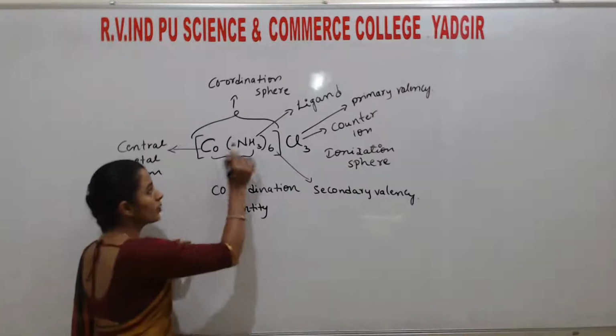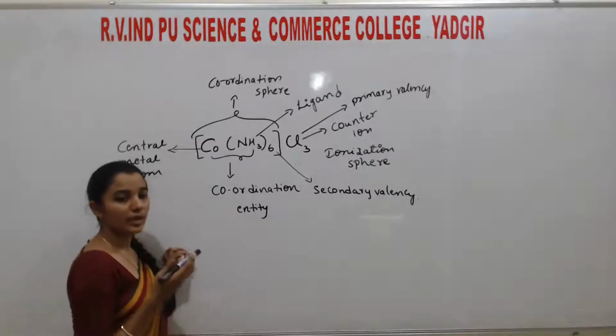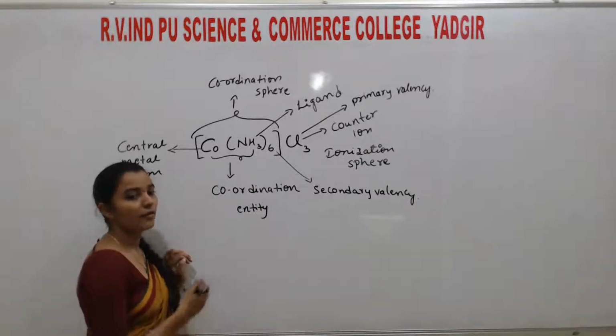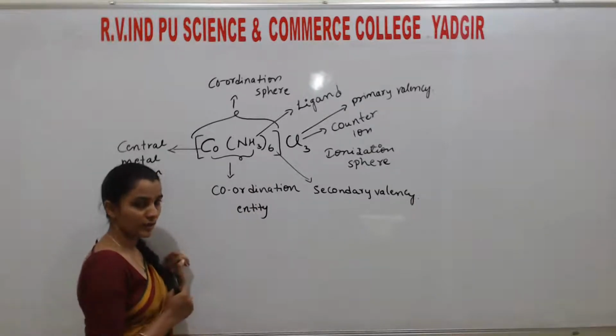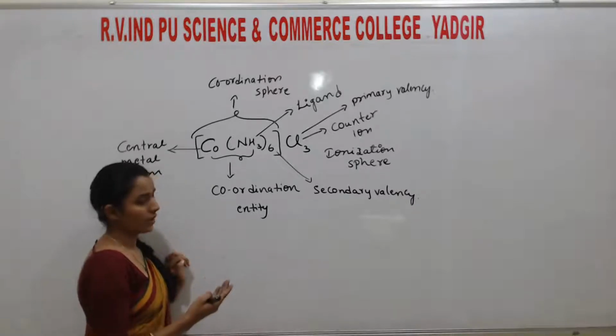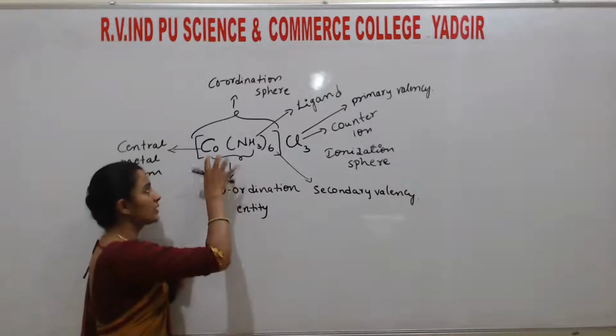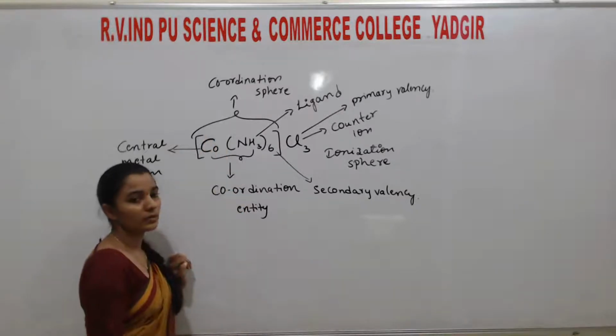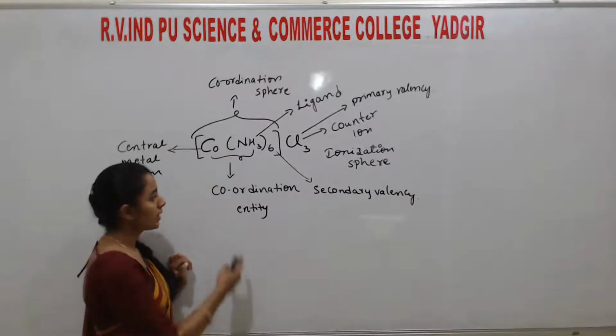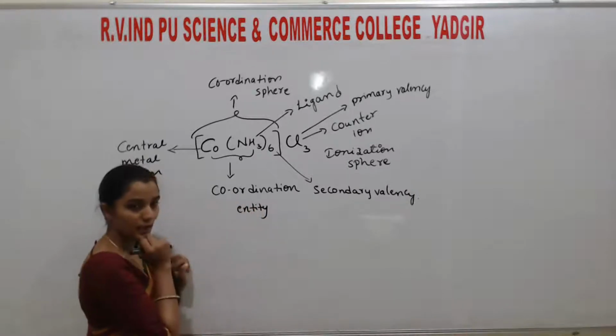For example, Co has 6 because its coordination number is 6. For copper, its coordination number is 4. For different compounds, different coordination numbers. So if the central metal atom is bonded to the fixed number of ligands, it is said to be a coordination entity.